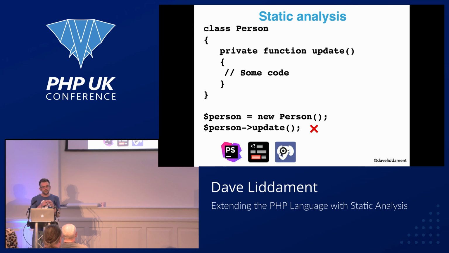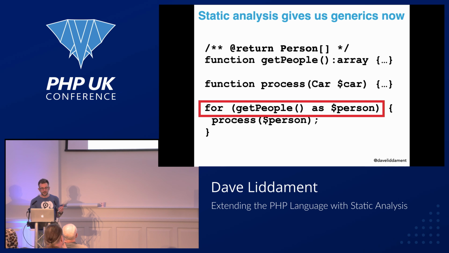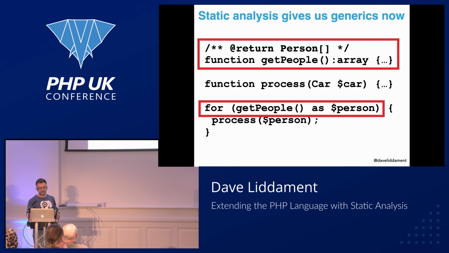And in terms of new features, using static analysis, we already have generics as part of the language. If we look at this code here, we are iterating through whatever we get from the getPeople method. We can see that the getPeople method returns an array, and from the docblock, we've provided additional information to say everything in this array, the values should be of type Person.